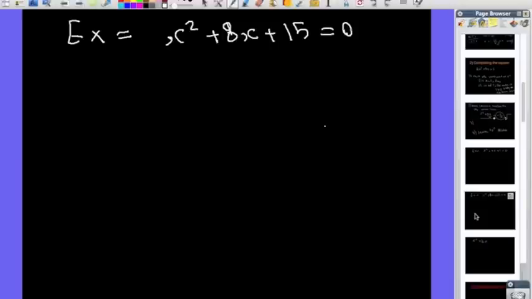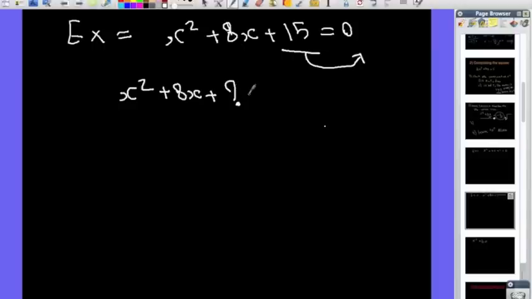So the first thing you need to do is to move 15 to the other side. So it would be x squared plus 8x plus the new c equals the new c minus 15, because when we move 15 to that side, it would be negative.